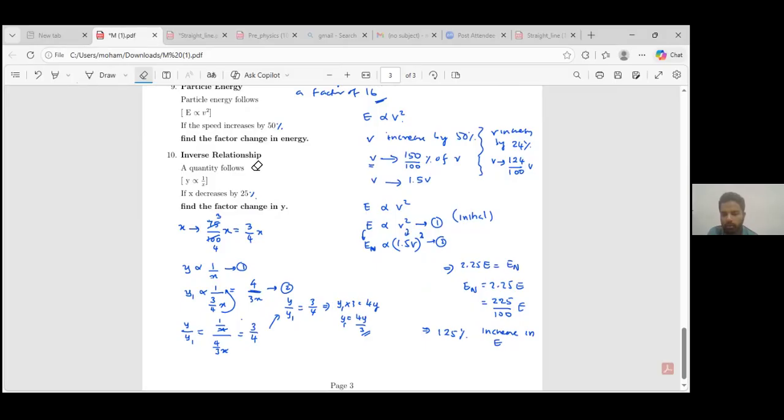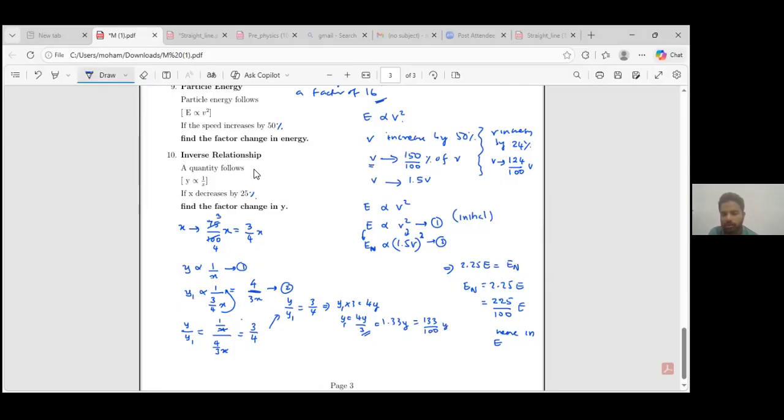So 4 over 3 is around 1.33. So 4 by 3y is 1.33y, which is 133 over 100y.